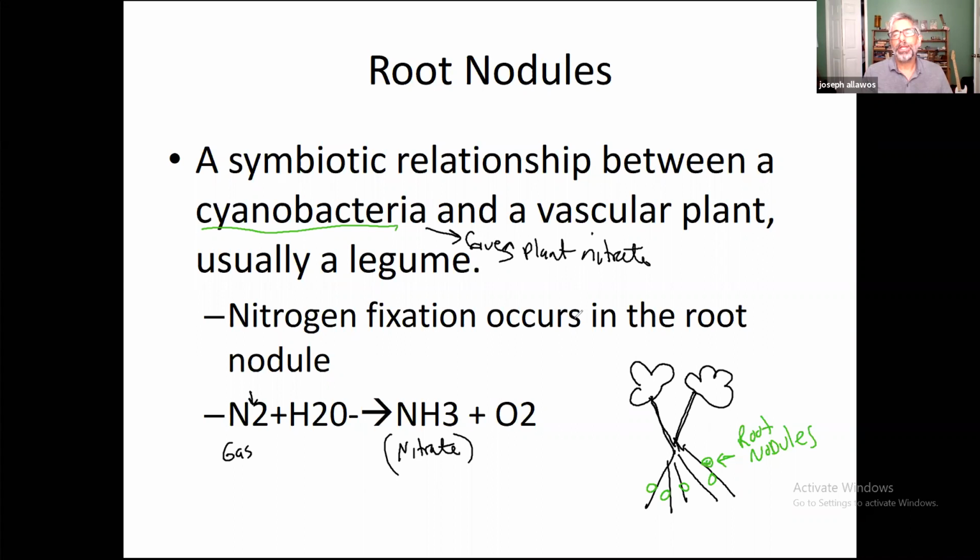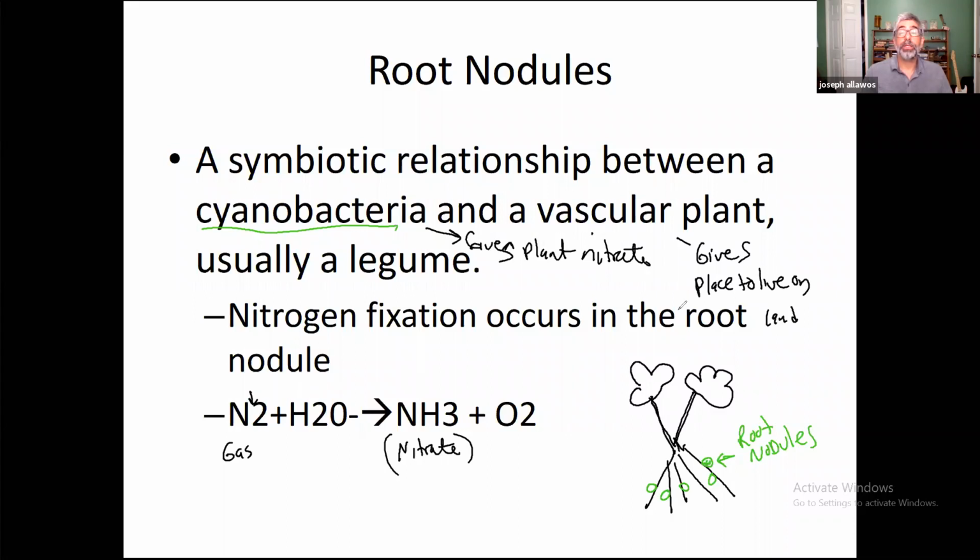Okay. What if it's mutualism though? Well, now we see what the plant gets, but what does the cyanobacteria get from the plant? It's got to give something. The plant gives two things: a place to live on land, right?